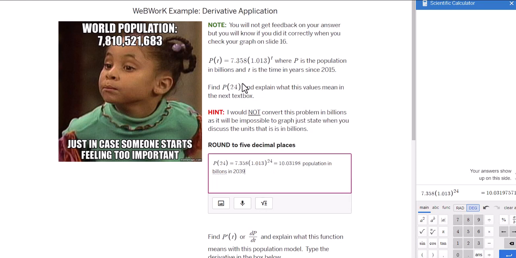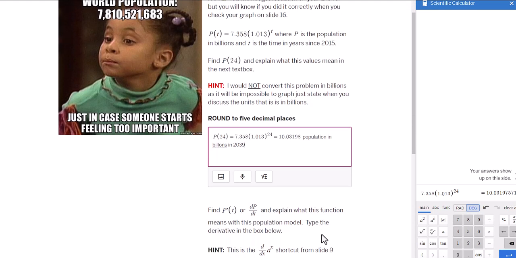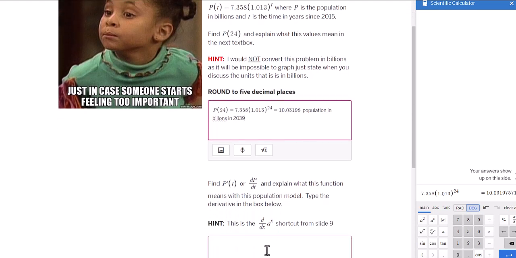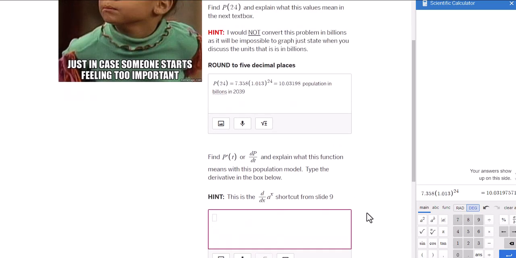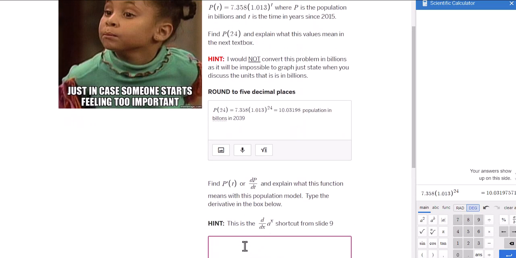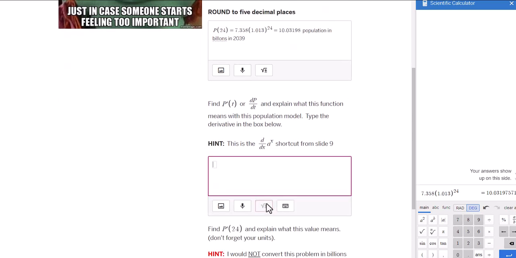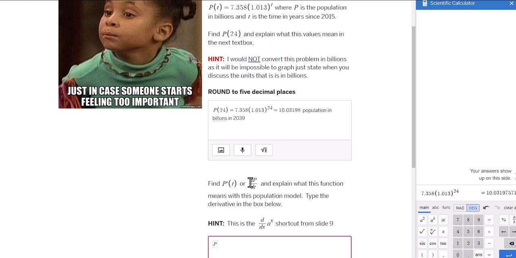Next, it asks to find the derivative. Okay, so the derivative, I even give you the hint, is the a to the x. Let me get this where I can still see my function. So the derivative, or the change in population over change in time, would be the 7.358 out front.